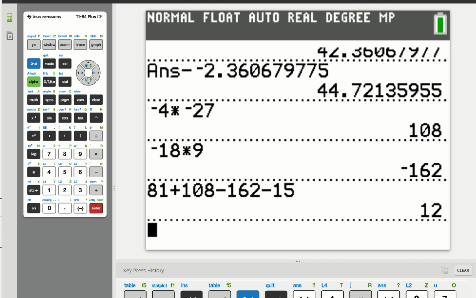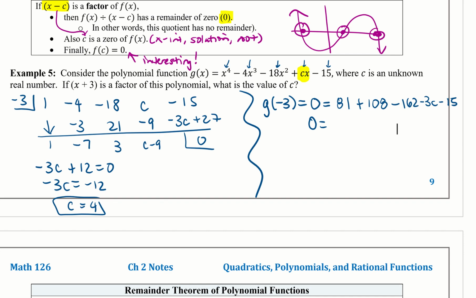I feel like we've seen that number recently. So negative 3c plus 12 should equal 0. I'll move the 12 over to the other side, and starting to see some familiar stuff, I end up at c is 4. So which strategy is better? Whichever one you understand better. So pick the one that you like and use it.